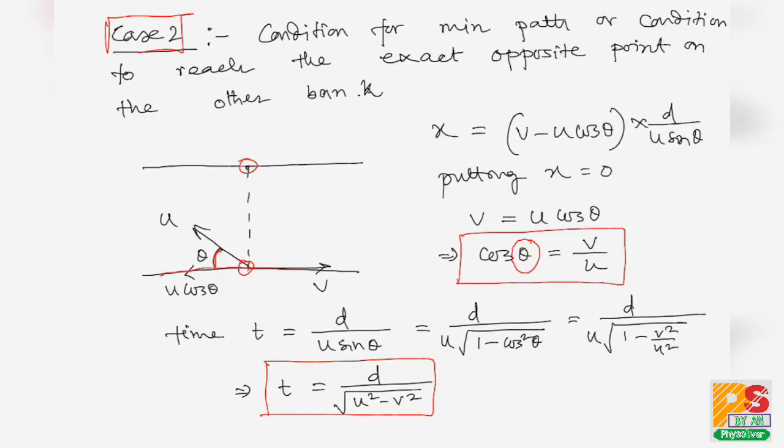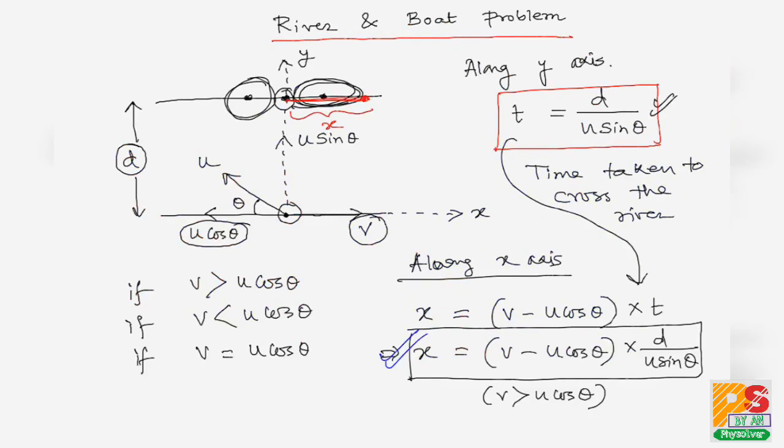So let's recap. Proceed to the first slide. This is the formula of general time, that is, time taken to cross the river. This is the formula for x, that is, the displacement along x-axis, general formula. These two are general formulas.